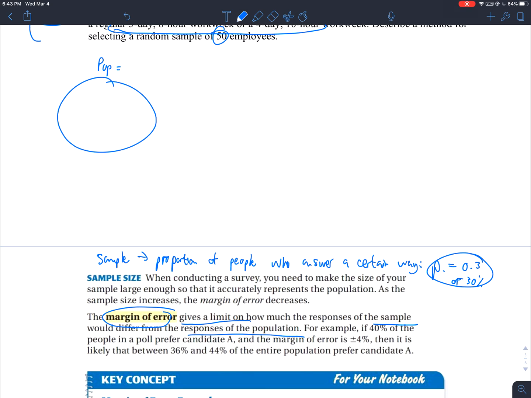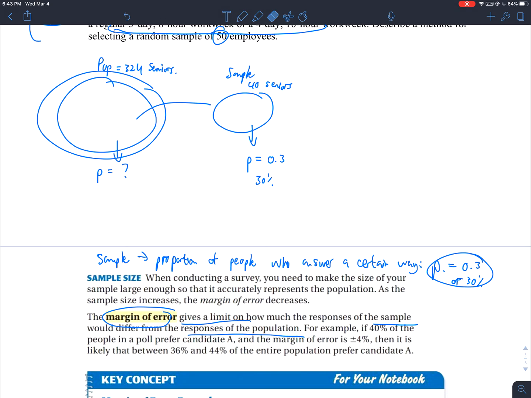If we think about that picture I had on the note sheet in the beginning, here's my population of 324 seniors, and from that population I take a sample of 40 seniors. From the sample, I get a proportion, because I can only ask my sample what proportion of them want to go to the Hyatt, and that's 30%. But there is a proportion from the population, and we don't know what that is because we can't ask all 324 people, because we can't necessarily reach them.